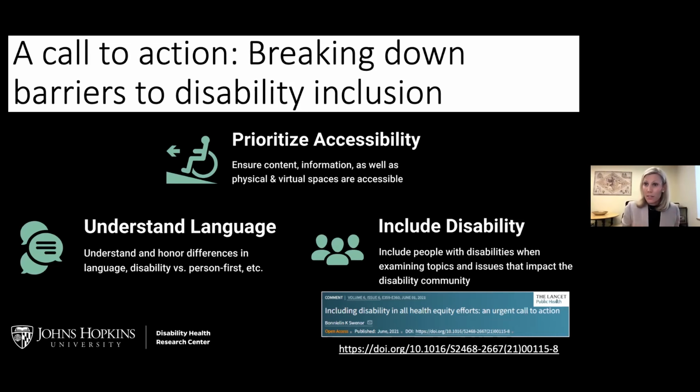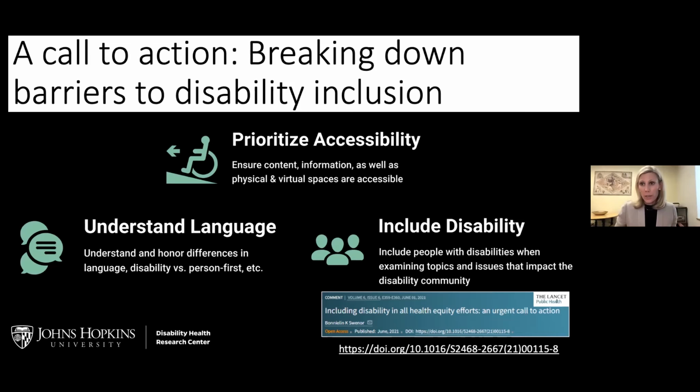The other comment I want to make is that disability intersects with all of our communities. It really is common. It's a part of all of our fabric. So when you're considering diversity and equity issues, consider disability as a key component of that.